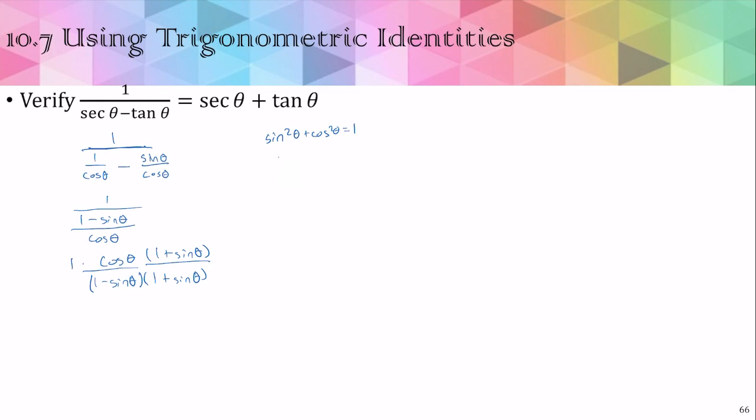Or if I subtract the sine squared, cosine squared is 1 minus sine squared. So on the top, I have cosine times 1 plus sine over, it'll become 1 minus sine squared. 1 minus sine squared, though, from up here is cosine squared.